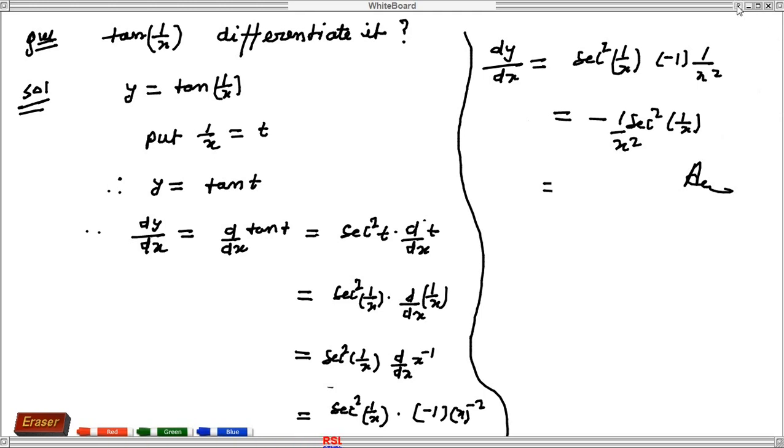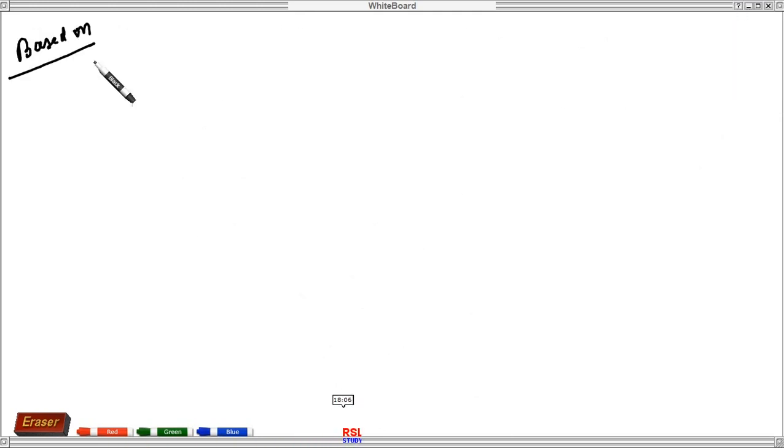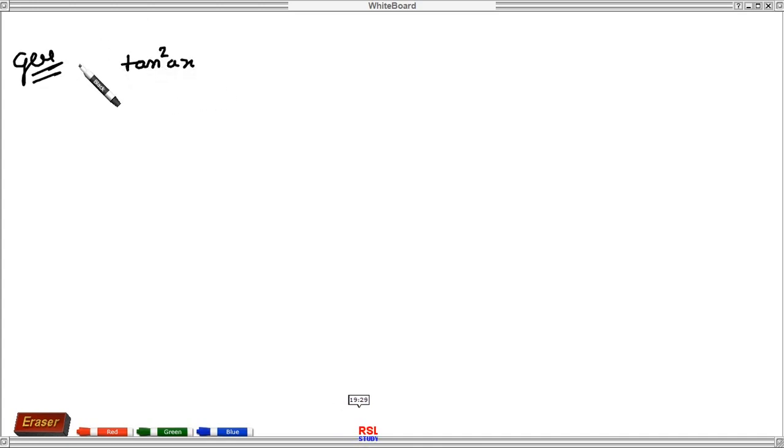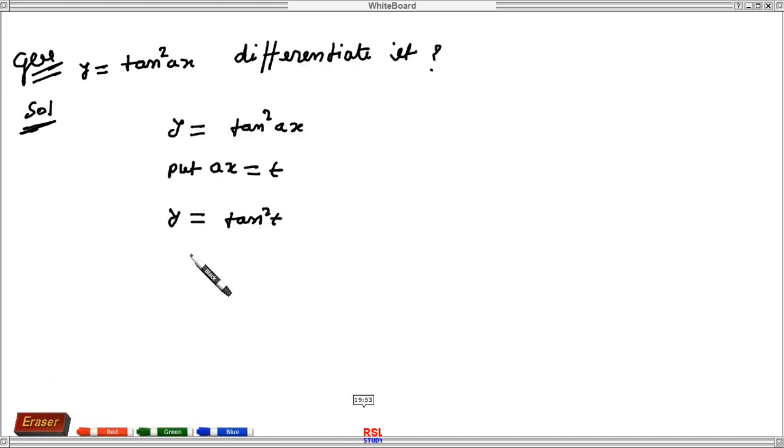Now moving to the next question. y equal to tan inverse of tan square x. Differentiate it. We will put tan ax equal to t, and this tan square t can be written as tan t whole square.